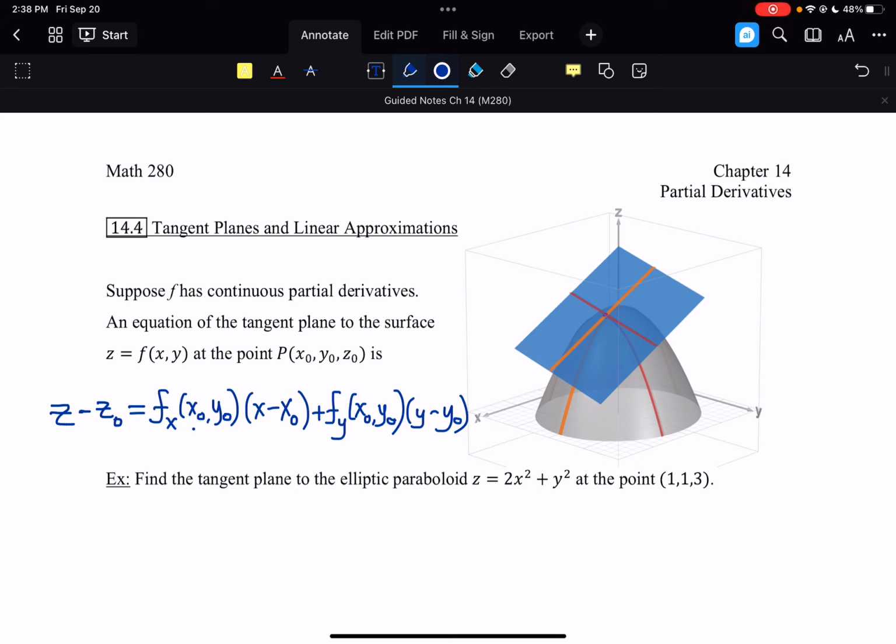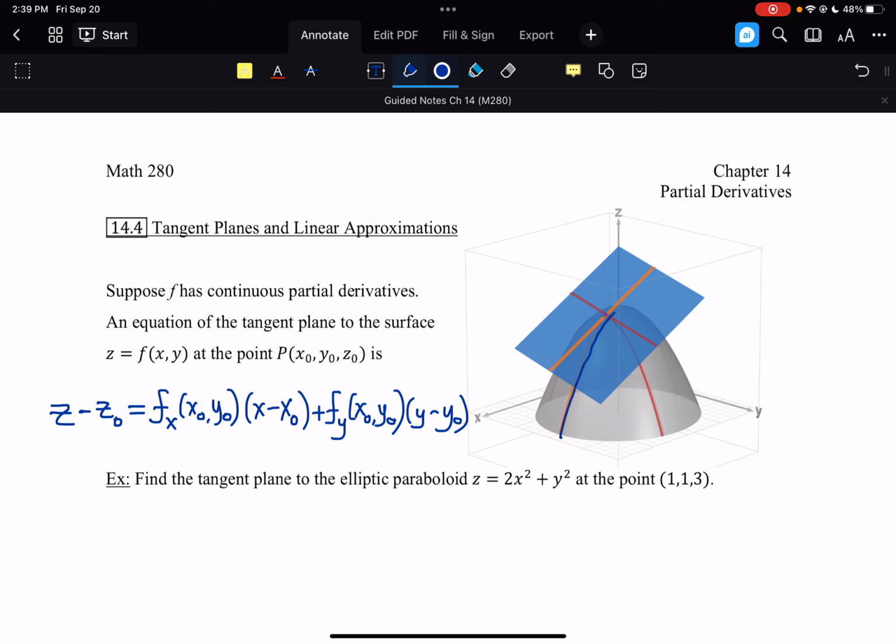And you can see that this does mirror the equation of a plane a little bit, right? We have a times (x minus x naught) plus b times (y minus y naught) plus c times (z minus z naught). It has kind of a similar form to it. So it is a planar equation, but it directly uses both of these partial derivatives. And you can see here the drop down of where these tangents appear on the surface.